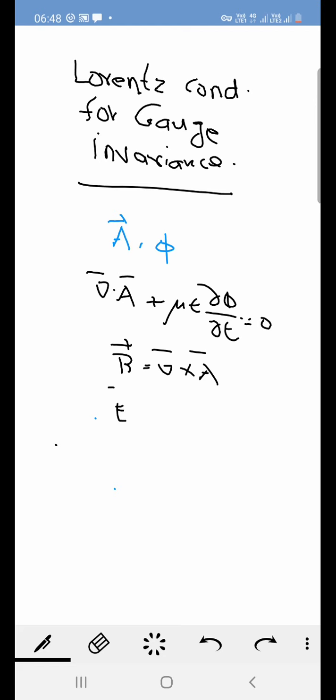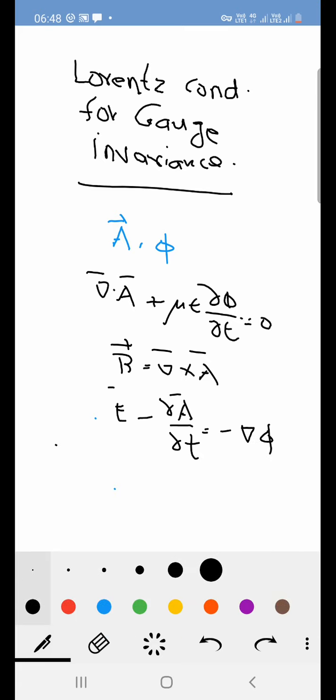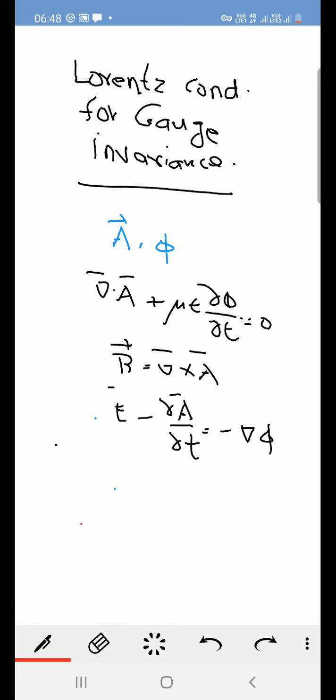E is equal to minus del A by del t minus del phi. Now this expression is what is the Lorentz gauge.